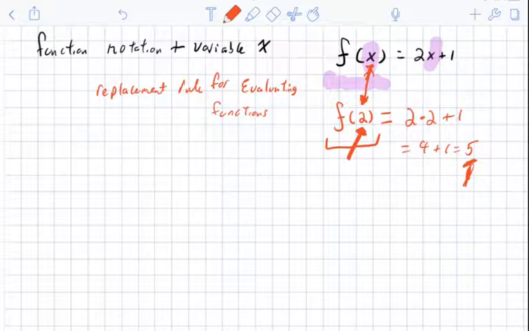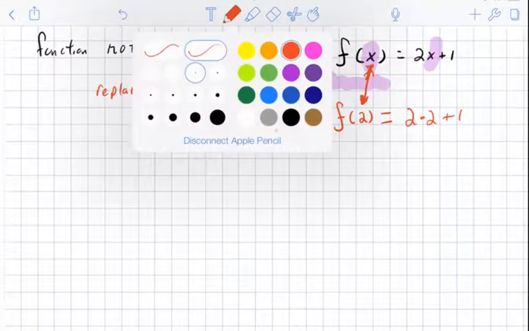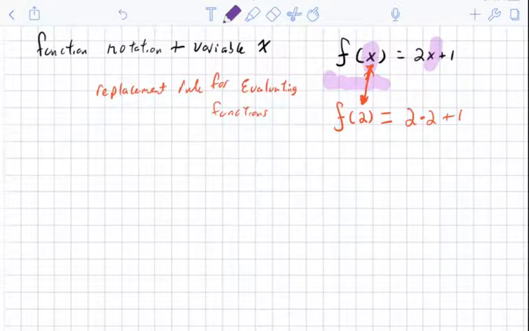Here's the thing. Everybody's super attached to the variable x. But there's no real reason for it. I mean, there's a historical reason for it, but there's nothing special about the variable x. And in your life, you've seen other expressions that have other terms that work as variables that aren't x, right?